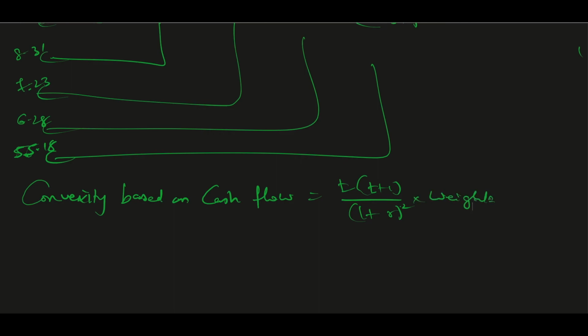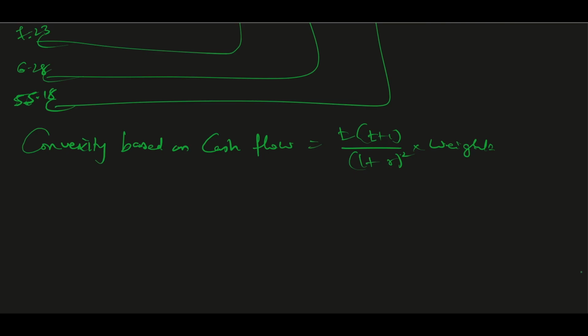That weight is the cash flow's weight. Say for the first one, T is first period of payment.